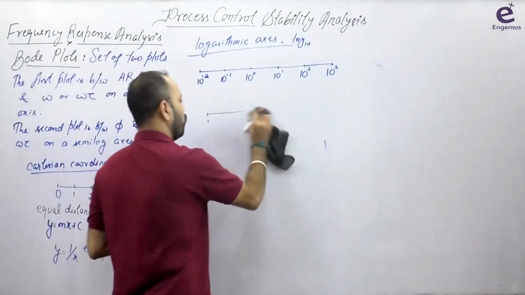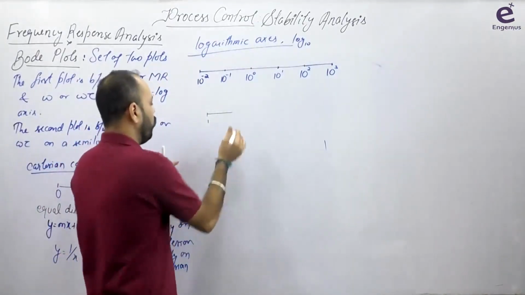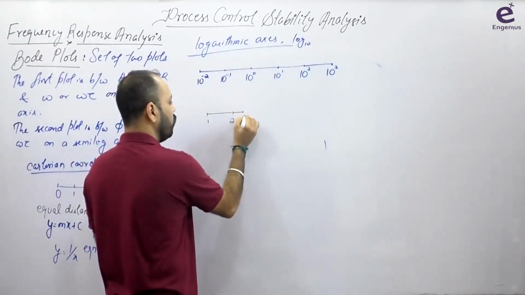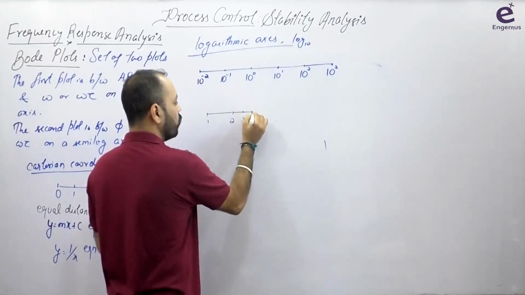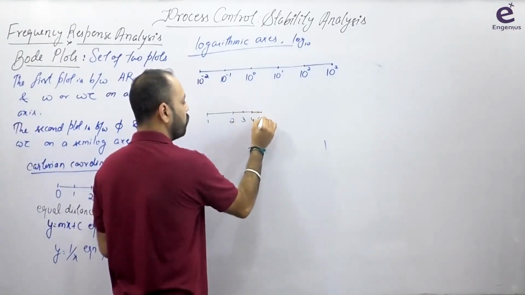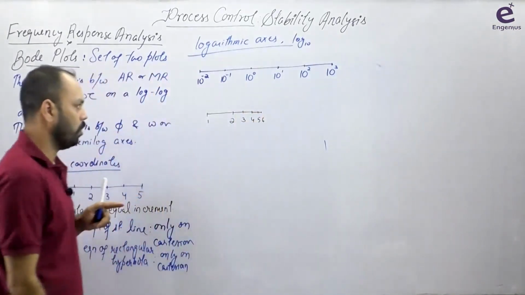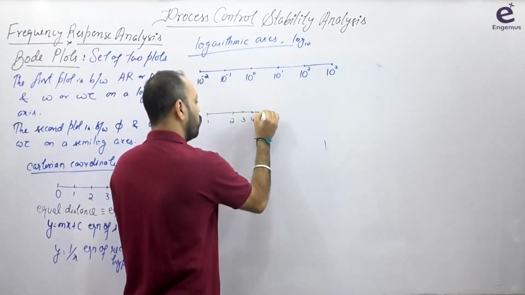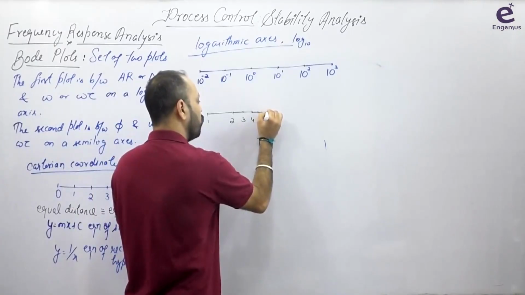Let me make this again. So 1, suppose this is 2. I want to plot 3. Then this will be 3. 4. The gap keeps on decreasing. 5, 6, and so on. So you'll find that there will be somewhere 10, 7, 8, 9, 10.